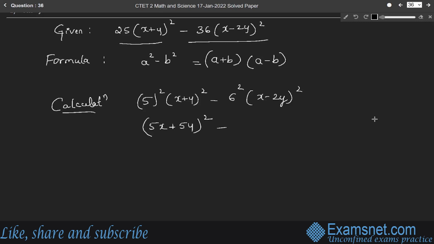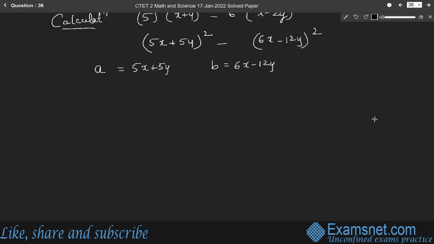So if you take 5 inside the bracket, it becomes (5x plus 5y) whole square minus (6x minus 12y) whole square, which is in the form of a square minus b square. Here a is 5x plus 5y, b is 6x minus 12y.